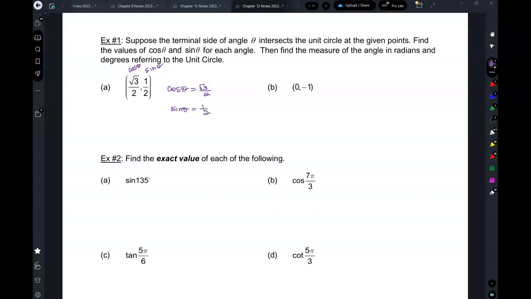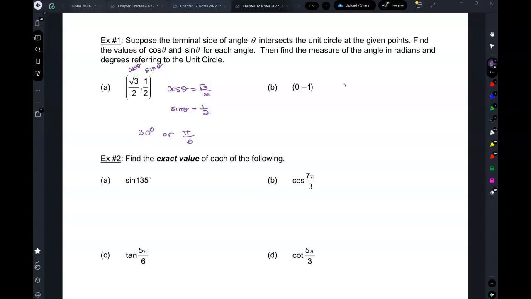Now, to get to this point, I have to go horizontally root 3 over 2 and up only 1/2. What angle would I have made? 30 degrees, or pi over 6. Okay? So 0 and -1, where would I land?